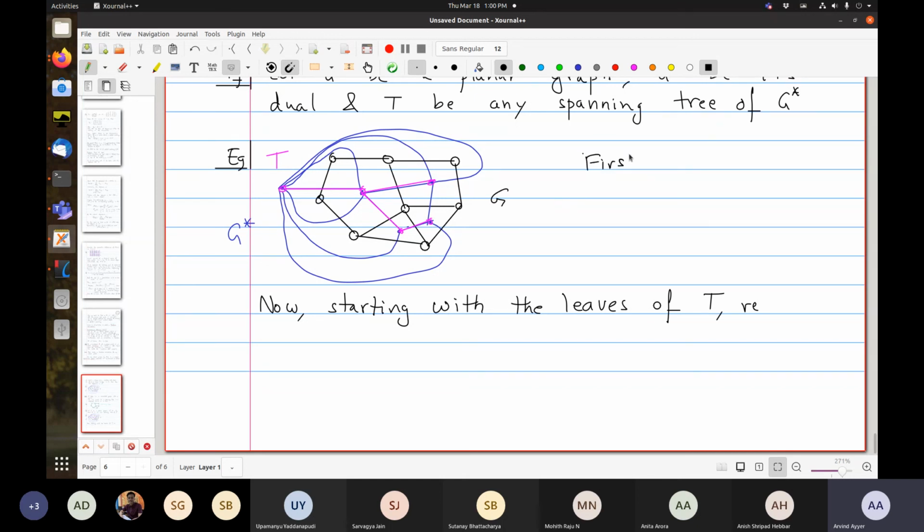First, orient the edges of G which do not intersect T, in whichever way you like, arbitrary.